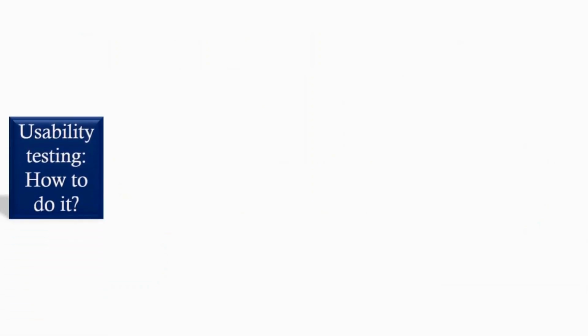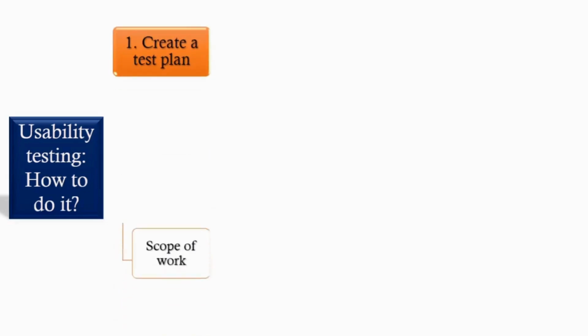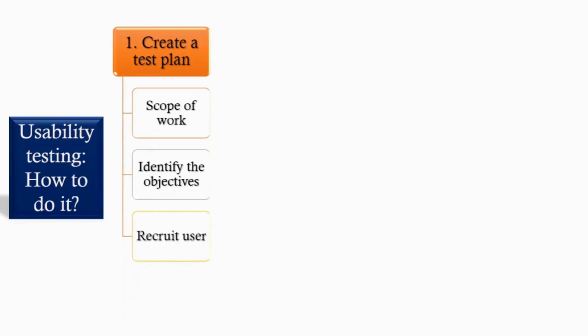Now let's move to the next section, and the question is, what is usability testing and how to perform it? There are four steps involved in usability testing. The first step is to create a test plan. When we are creating a test plan, we must ask: what is the scope of work?